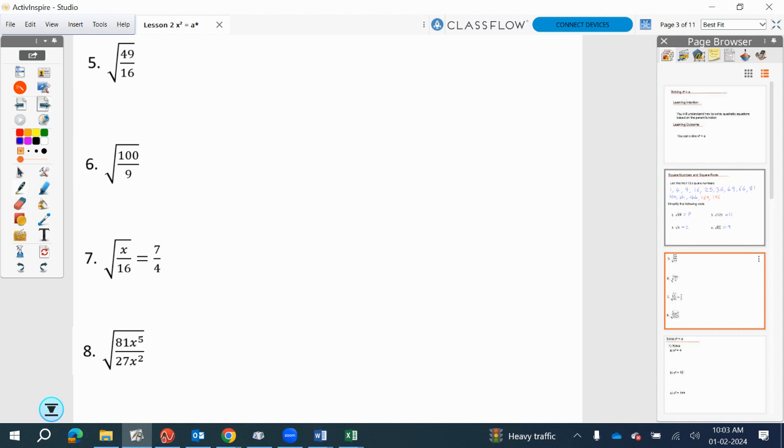We finished number 7. So these questions you have to copy the question down. That's wrong. The answer is going to be x root 3x.